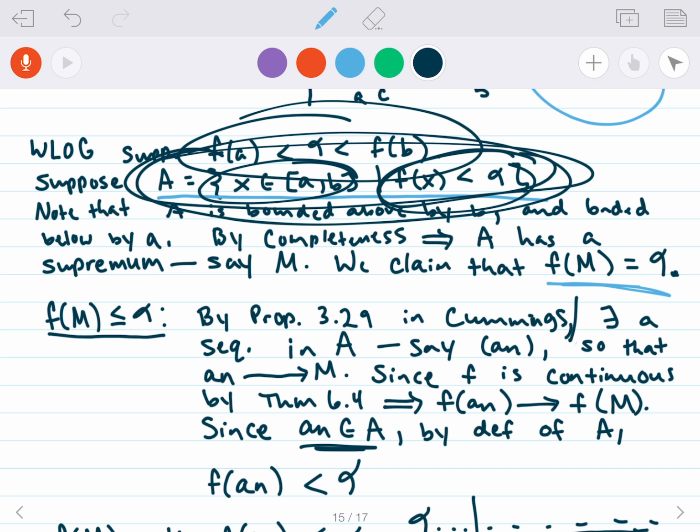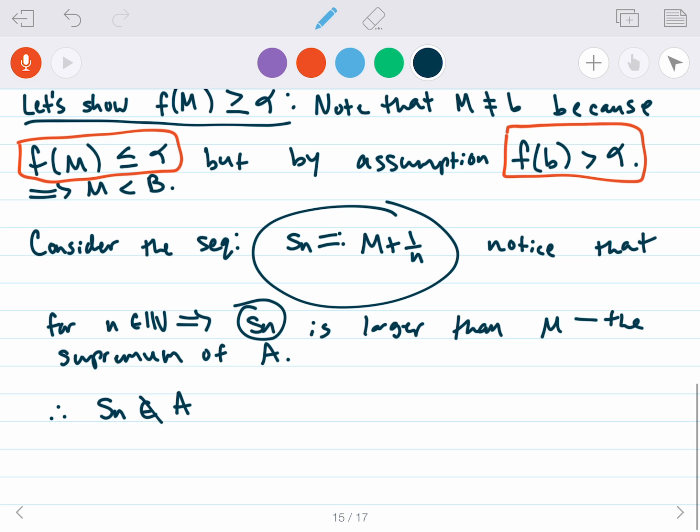So if S sub n is not in this set, that means that f of S sub n is going to be bigger than or equal to alpha, right? If it were in the set, it would be less than alpha. But S sub n is not in the set, so f of S sub n is going to be bigger than or equal to alpha.